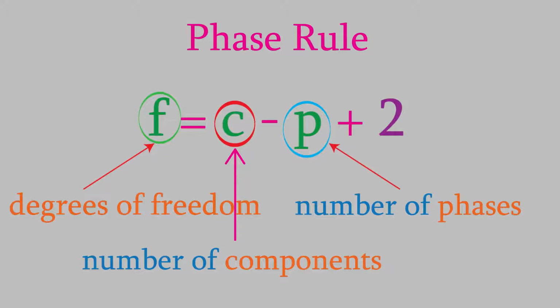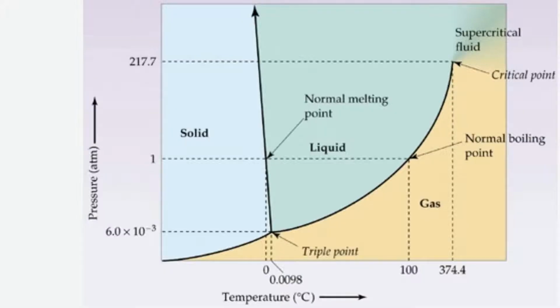First, let's look at P, the number of phases. This actually isn't always as simple as it seems. For a system consisting of just one compound, P is easy to determine. For example, here's a phase diagram for water. If our temperature and pressure are such that the system is located at this point, or this one, there's only one phase present.